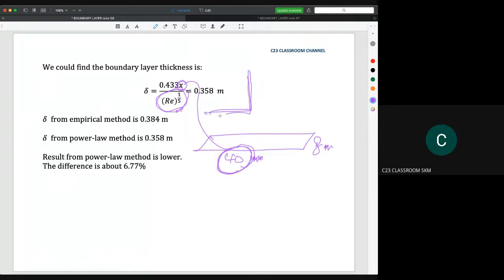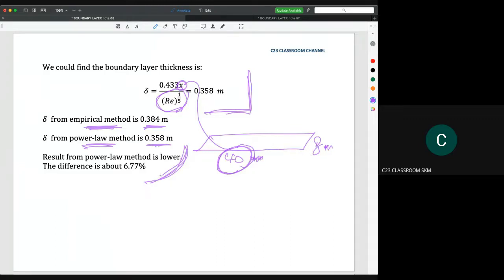If we compare the delta from the empirical method, it is 0.384, and the delta from the power law method is 0.358, a little bit thinner. If we do the percentage, we found that the result from the power law method is lower. The difference is about 6.77%, which is still less than 10%.